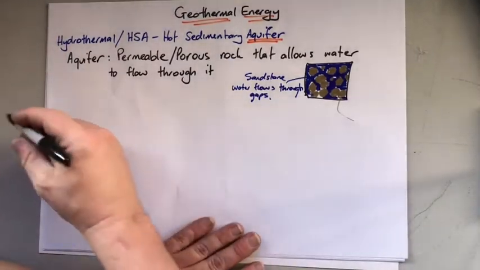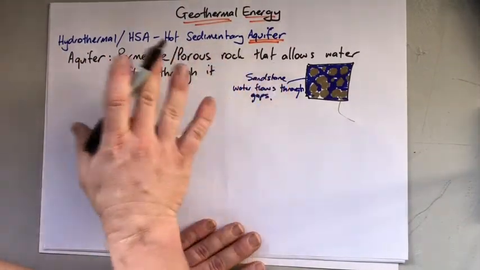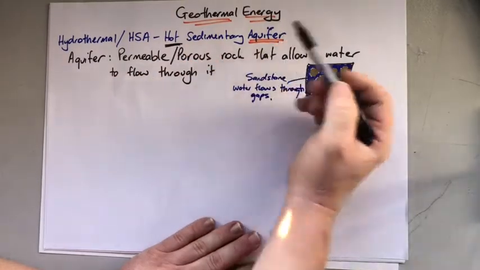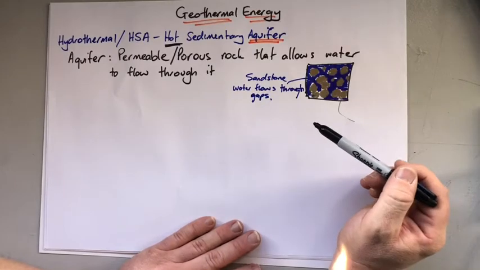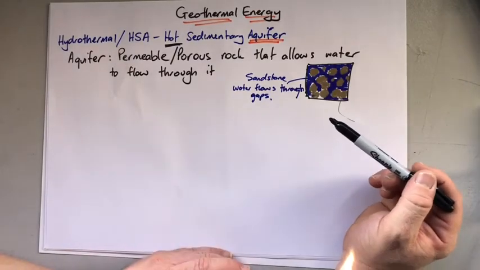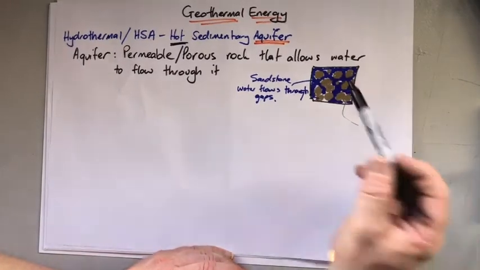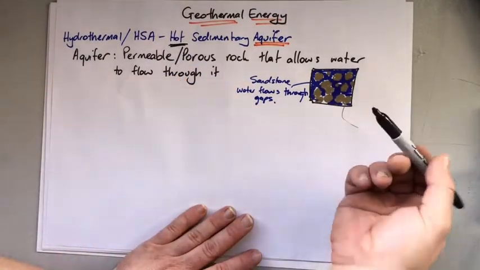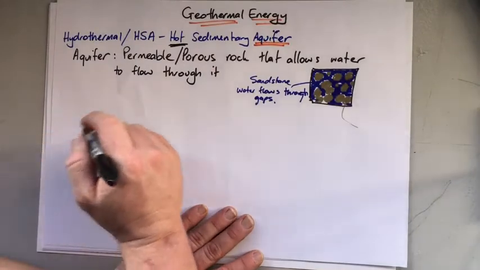Now, when we're thinking about HSA, hot sedimentary aquifer, we've got our aquifer, and a lot of these exist on the surface, but because they are quite close to the surface, they're not very hot. So we need to get these hot. How do we make something hot in nature? We bury it deep.